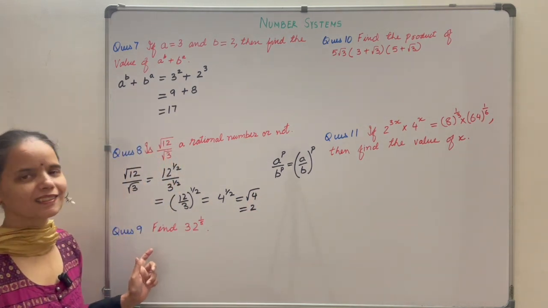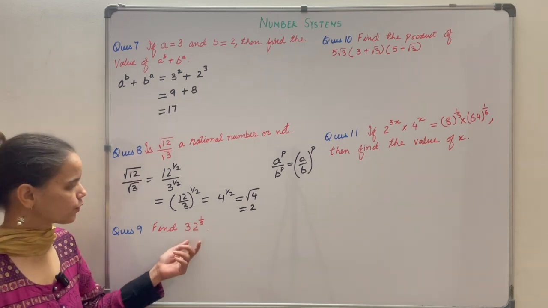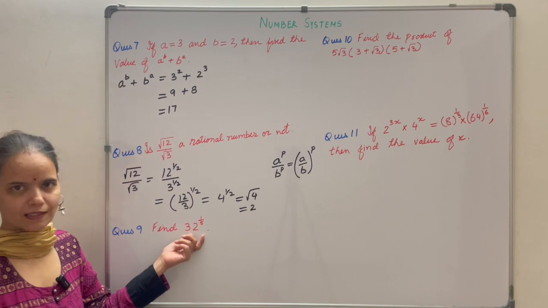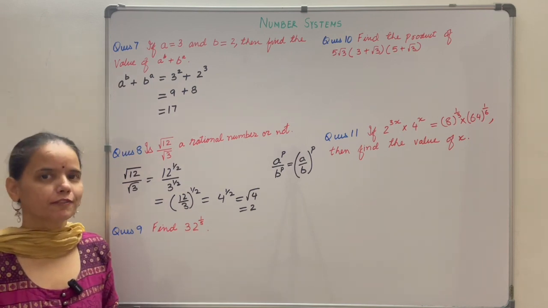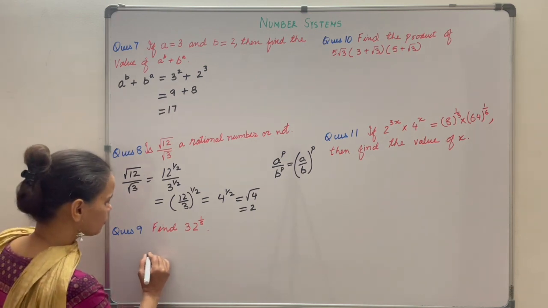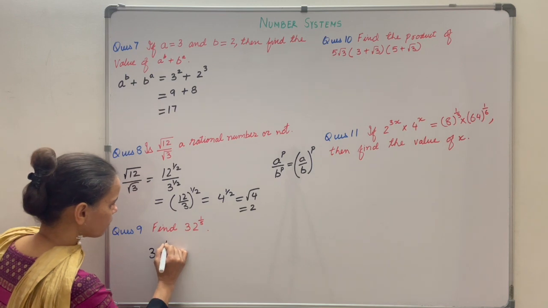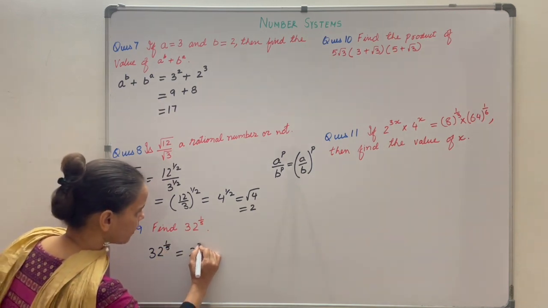Now let us take the 9th question. Find 32 raised to power 1 by 5. So you need to find out the value of this. So 32 you can rewrite as 2 raised to power 5. Do the prime factorization and find it out. So 32 raised to the power 1 by 5. So 32 can be expressed as 2 raised to power 5.